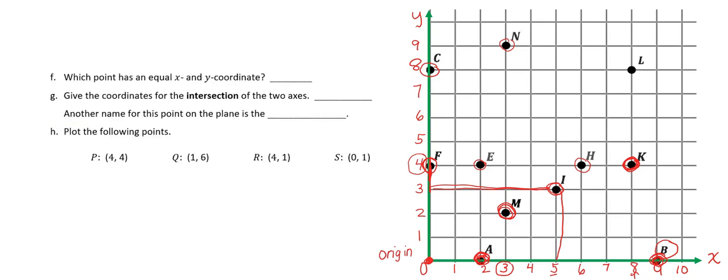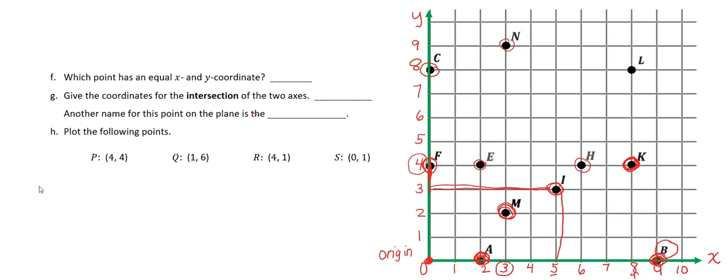Here's our last set of questions. Question F says, which point has an equal x and y coordinate, meaning I go over a certain number and go up the same number. To find that, I'm going to look for a point that makes a square because I'm going over the same amount and up the same amount.